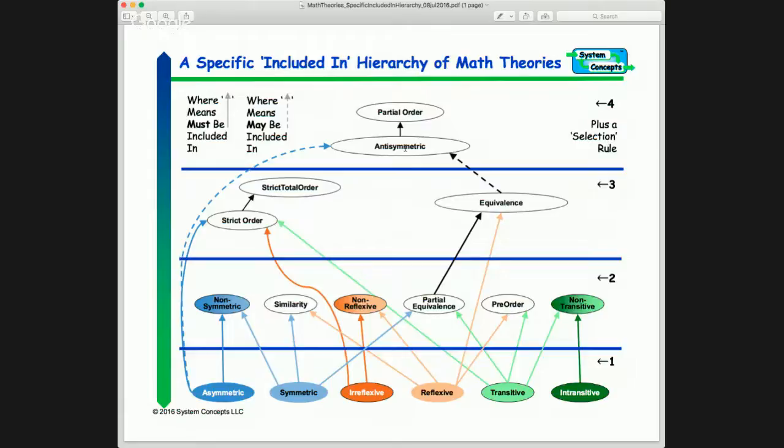So an anti-symmetric relation may be included in, but they could all be equivalents. Equivalents could be included in, but they could all be asymmetric. And the way that you would find out the difference from this, again, is empirical data in our case.